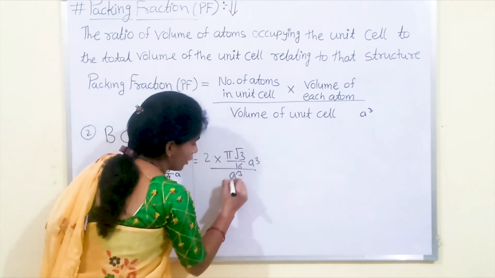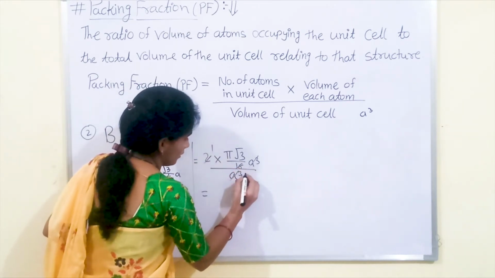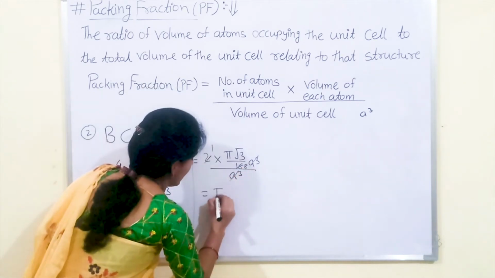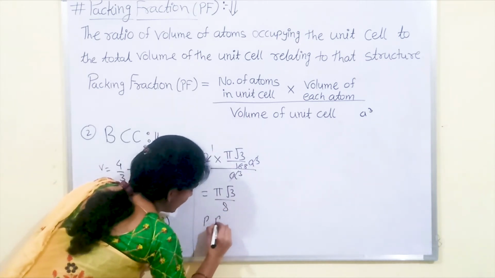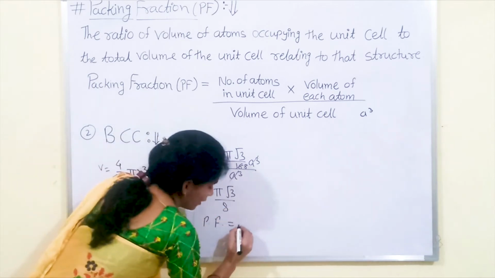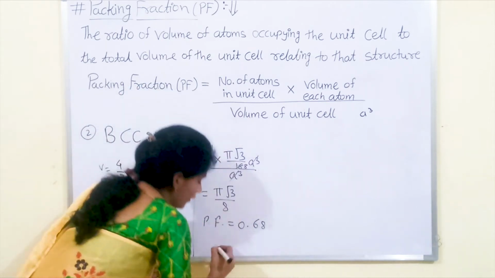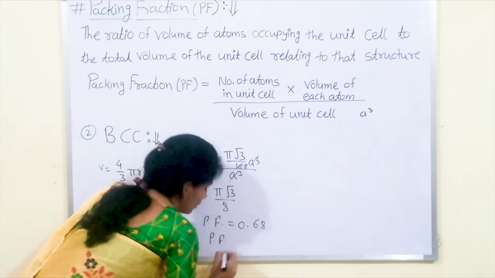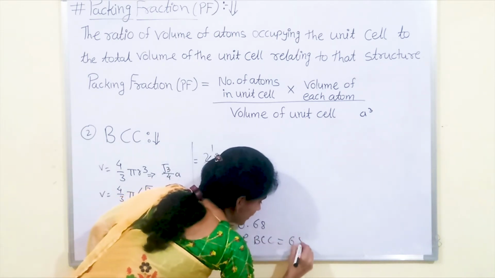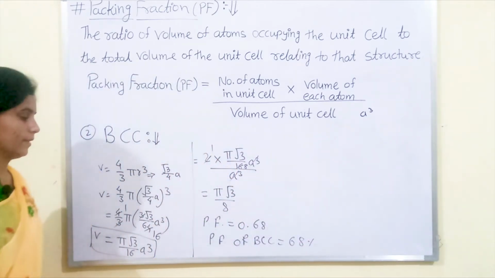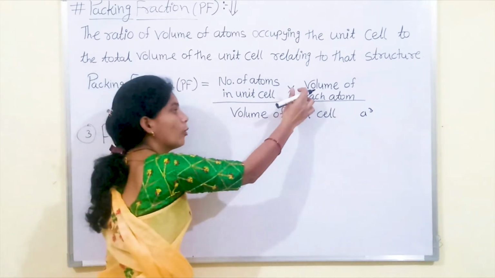The a cube cancels, leaving pi root 3 divided by 8. Calculating, this is 0.68, so in percentage the packing fraction of BCC is 68%.